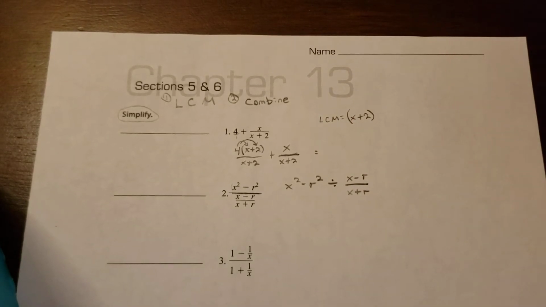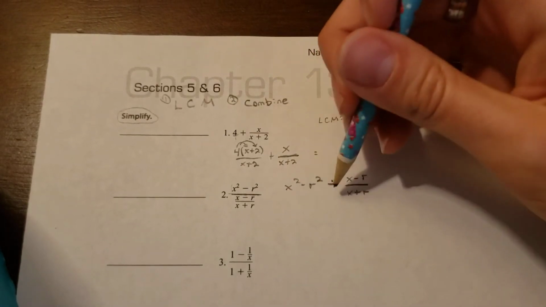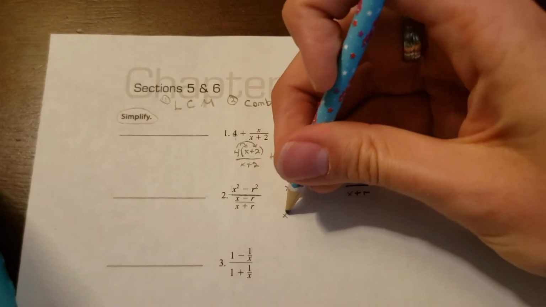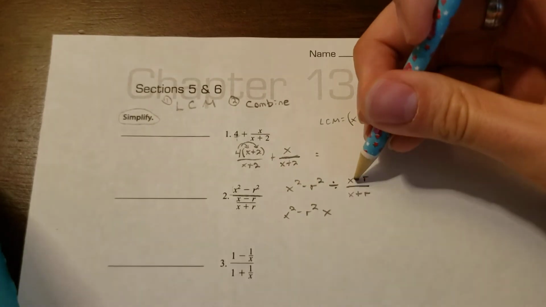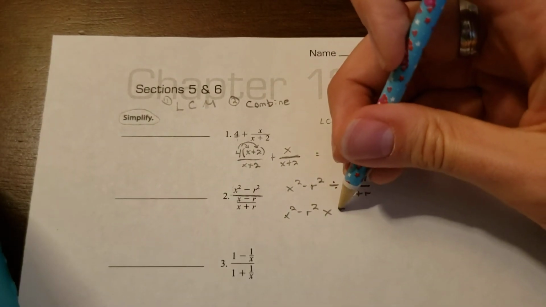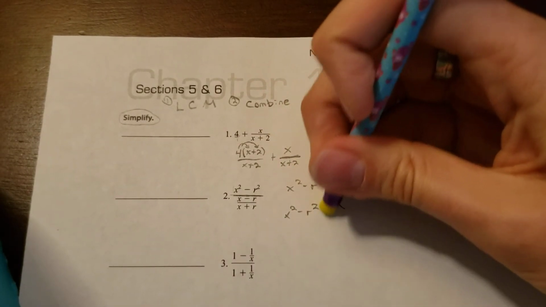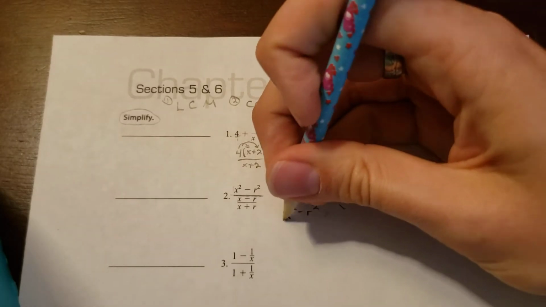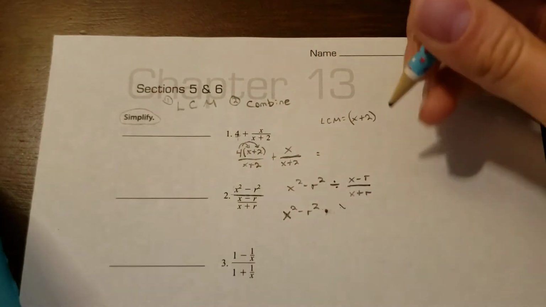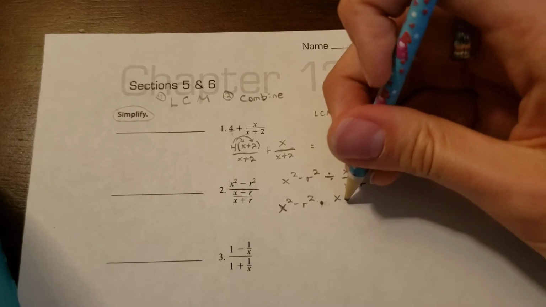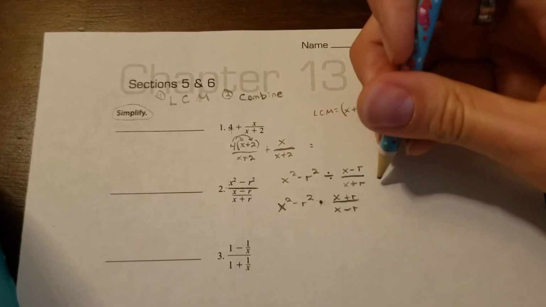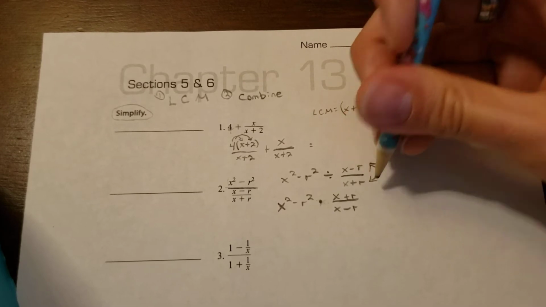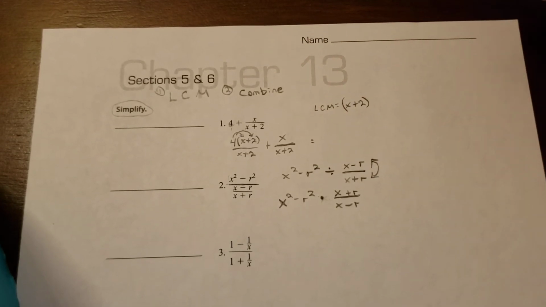Okay, well, if we keep change flip, that's going to be x squared minus r squared times, flip this. Ooh, we have a lot of x's. I'm going to make this a dot, x plus r over x minus r. See what I did there is I flipped that.